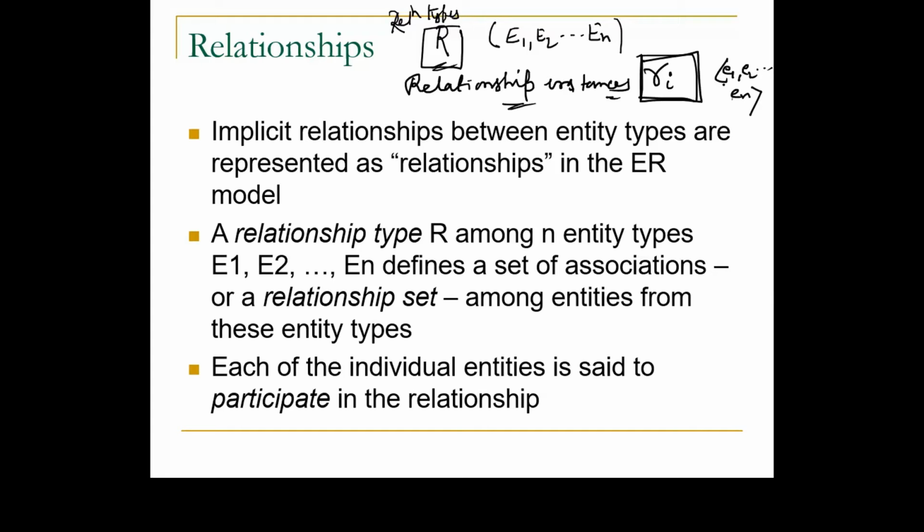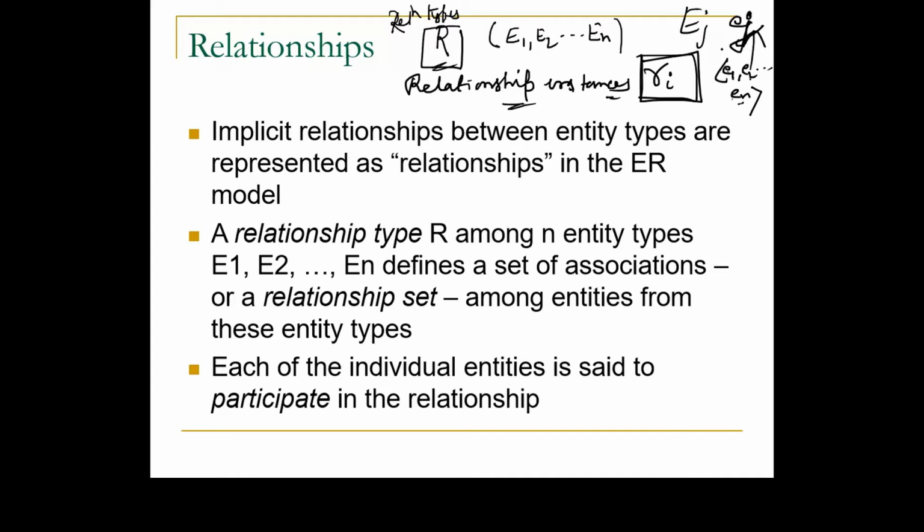Each Ri associates n individual entities, entity 1, entity 2 up to entity n, and each entity Ej in Ri is a member of the entity set capital Ej, such that j is between 1 and n.